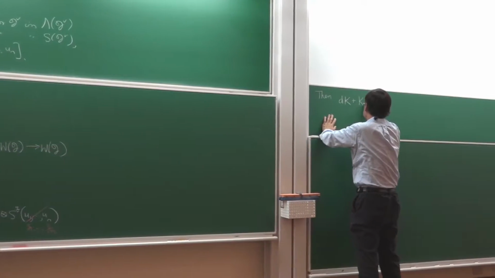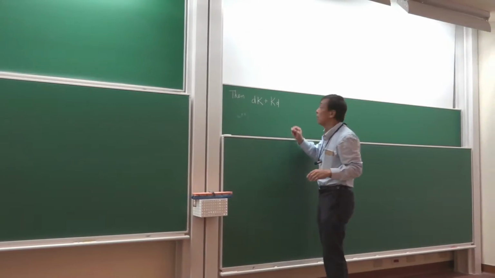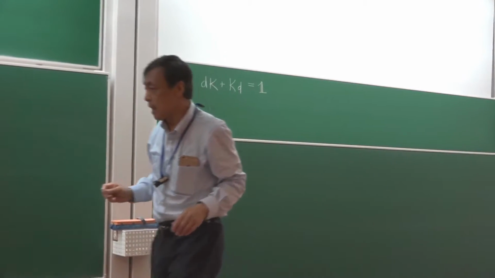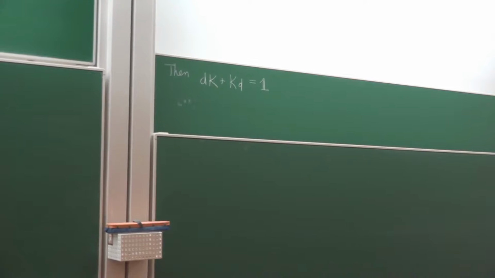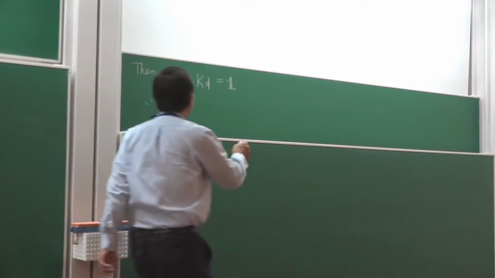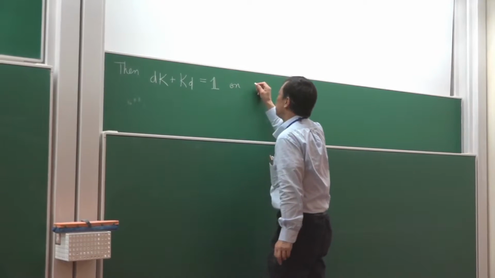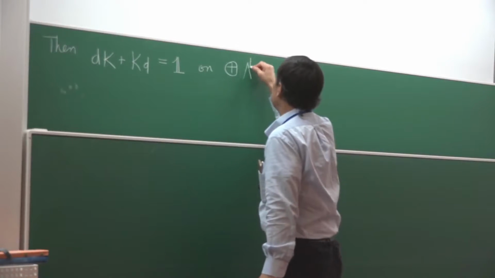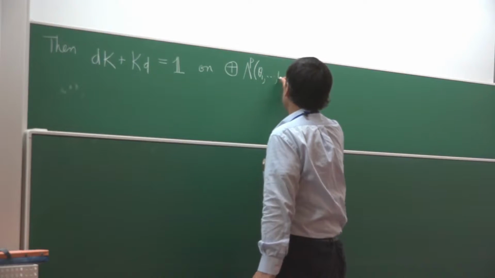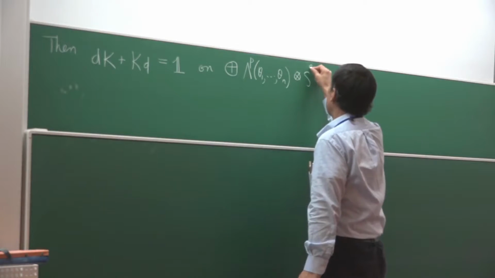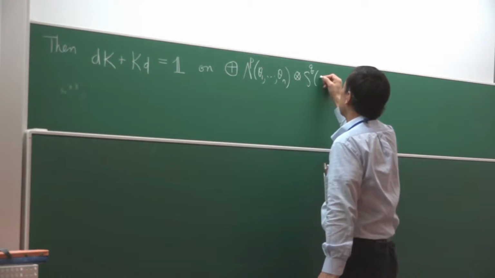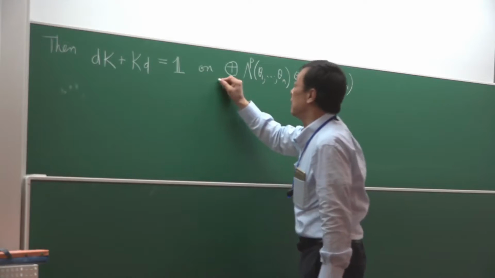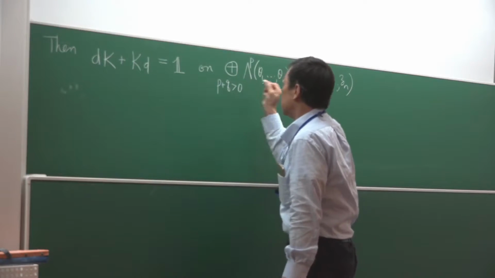Then dk plus kd will be the identity, because now you have divided by p plus q, on the direct sum of all of these lambda p tensor S^q for p plus q greater than 0.